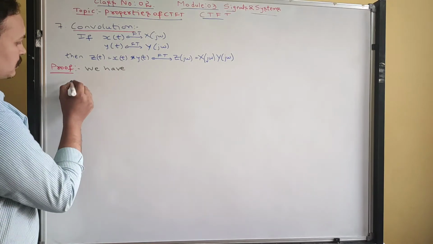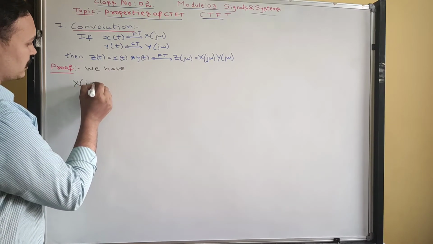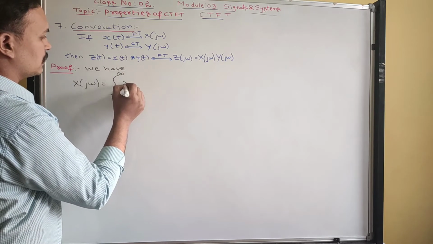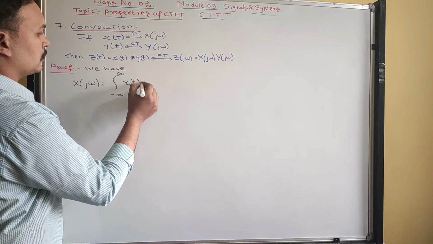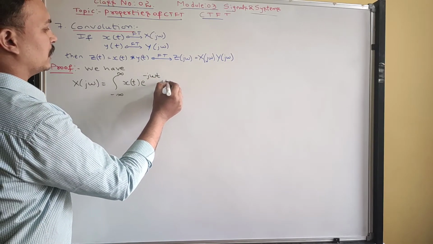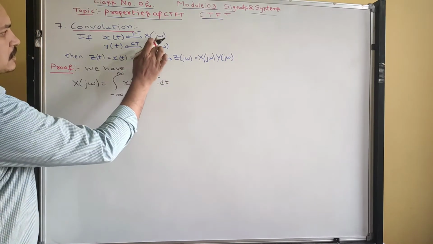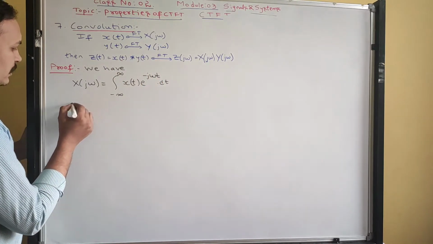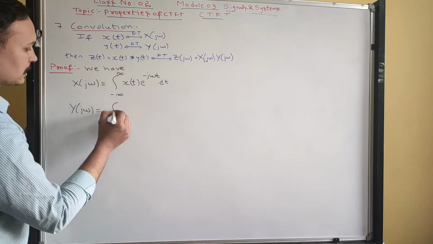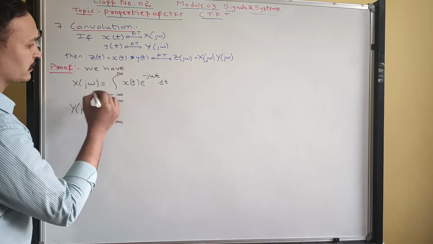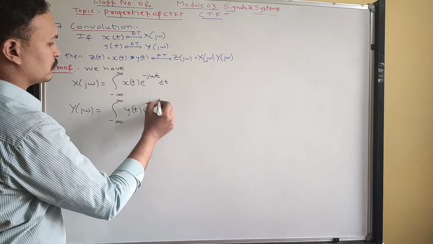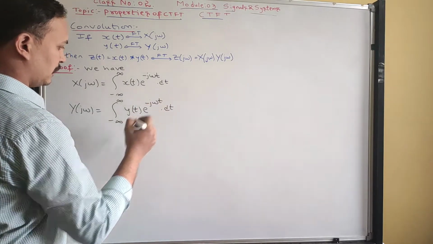We have the analysis equation: x of j omega is equal to the integral from minus infinity to infinity of x of t into e to the power of minus j omega t into dt. Similarly, y of j omega can be written as the integral from minus infinity to infinity of y of t into e to the power of minus j omega t into dt.